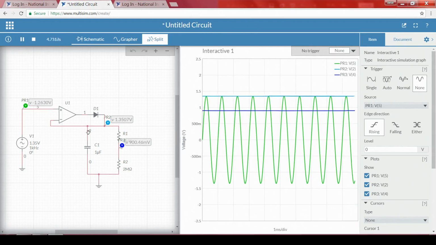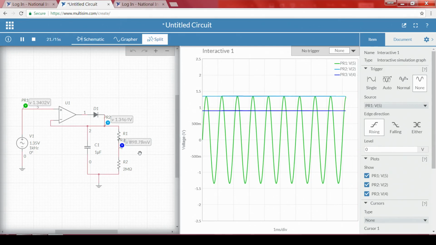This indicates our output voltage at this particular point, and the violet color indicates the threshold. That means the threshold voltage at the junction or node point of both the resistors, 1 mega and 2 mega. Based upon our calculation, what is the threshold value? If we recall the potential divider circuit, it is V in times R2 by R1 plus R2.